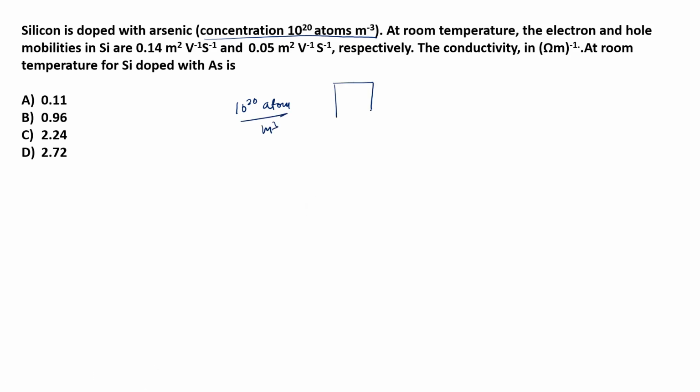Suppose we have 1 meter cube of the sample, then we have 10 to the power 20 atoms of this. At room temperature, the electron and hole mobilities in silicon are given respectively. The conductivity in ohm meter inverse at room temperature for silicon doped with arsenic is, okay.